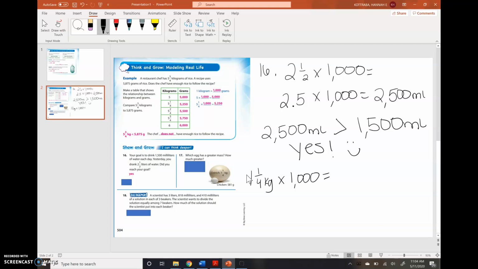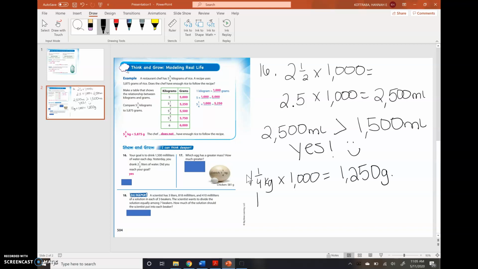And you think a fourth of a whole is going to be 1 out of 4. And we talked about that, like with quarters, would be like 1.25, right? 25 out of 100 would be a quarter of something. So that will give you 1,250 grams.